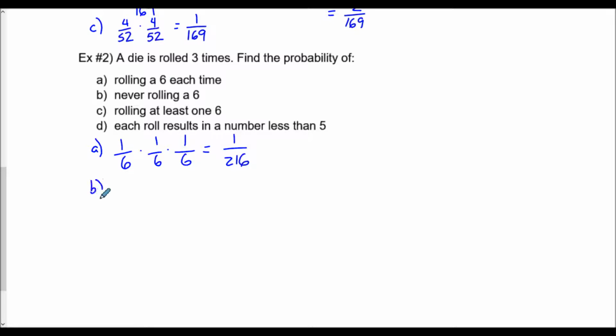How about B? What's the probability of never rolling a 6? Well, how many times are you never going to have a 6?